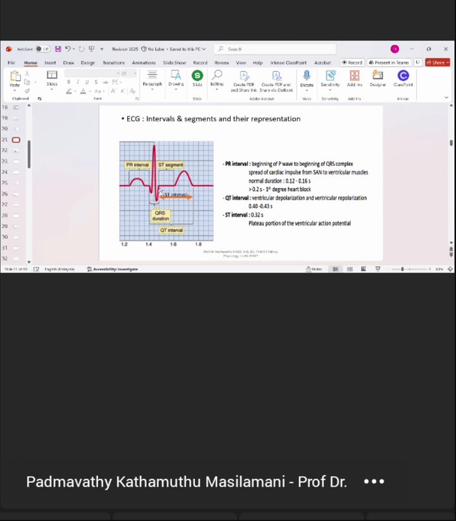The TP segment, from the end of T wave to the next P wave, is the baseline, the isoelectric line. The PR interval I already mentioned, beginning of P to beginning of QRS. This is affected in first degree heart block, the conduction from atrium to ventricle.